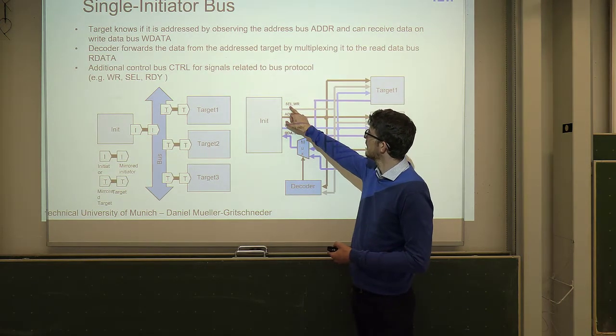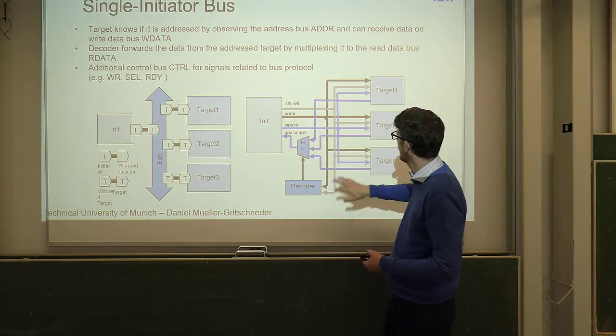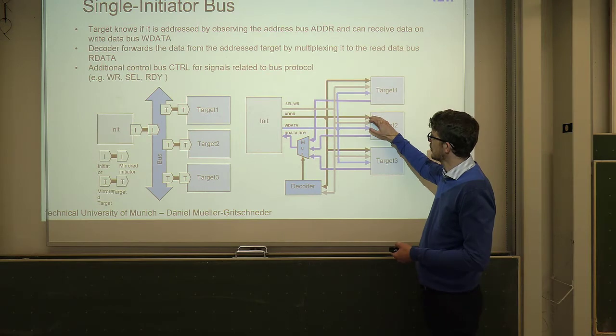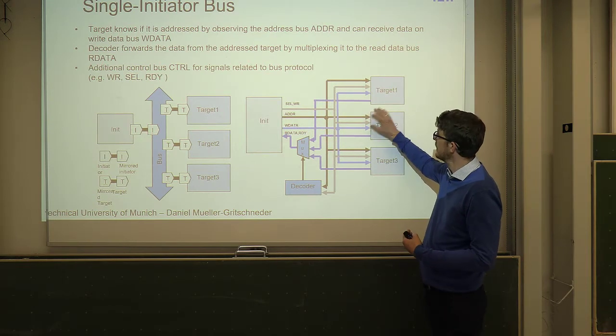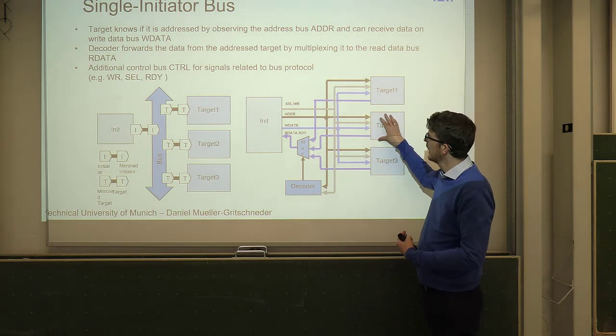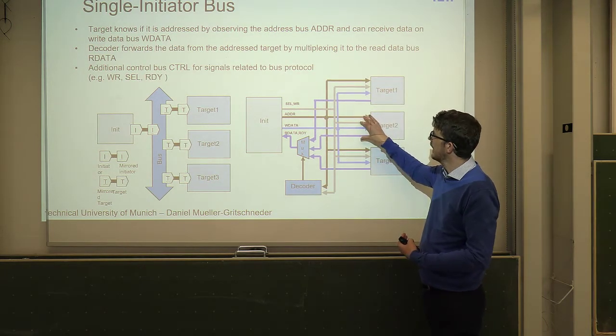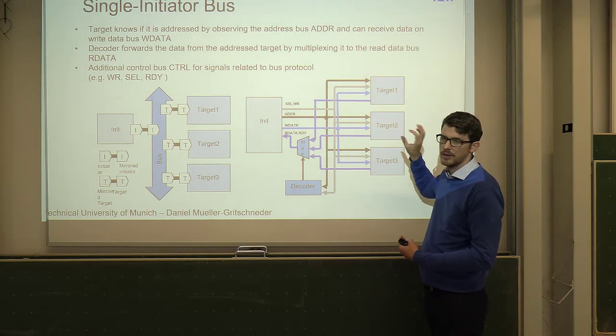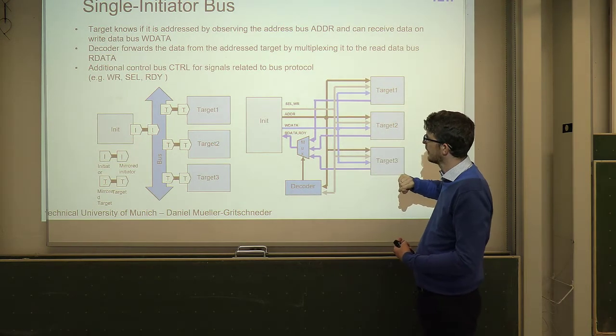With this, it indicates that it wants to do an access, and whether it's a write or a read. If it's a write, the target can check: is this my address? Each target has a different address, or actually a range of addresses. If it's my address, then I have to service this write request. For example, I have to save it at this address if it's a memory.